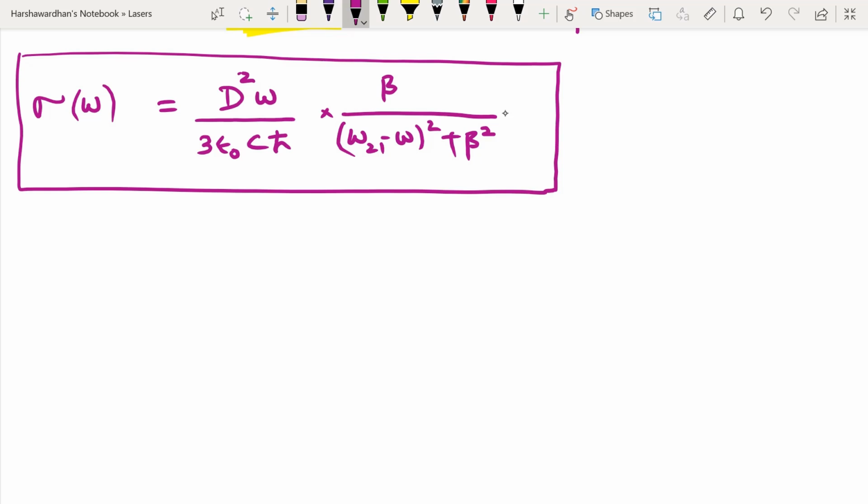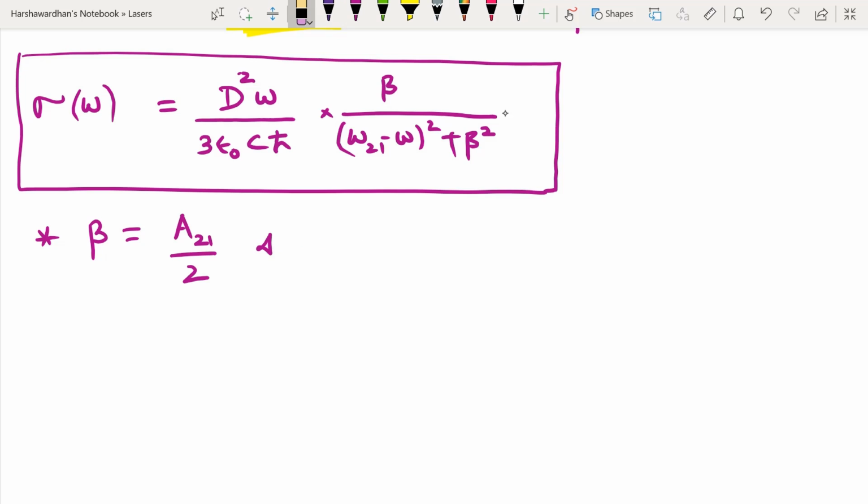Now, I'm looking at an atom in which the only broadening process is spontaneous emission. Remember that beta was the width of the absorption line shape. Then my beta is equal to A21 by 2.